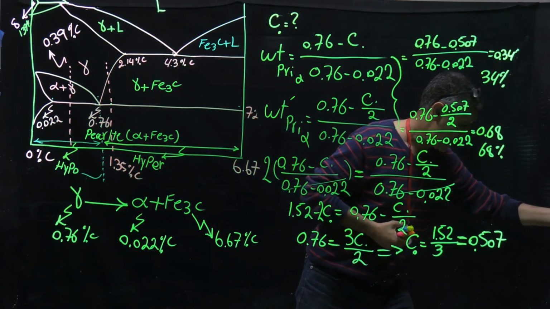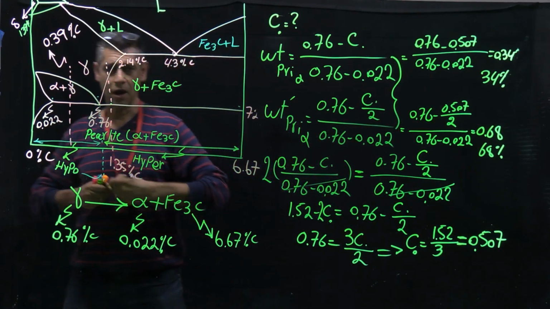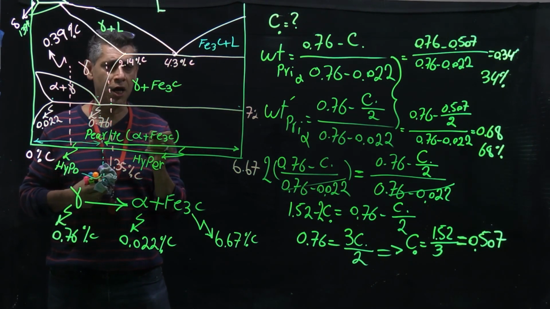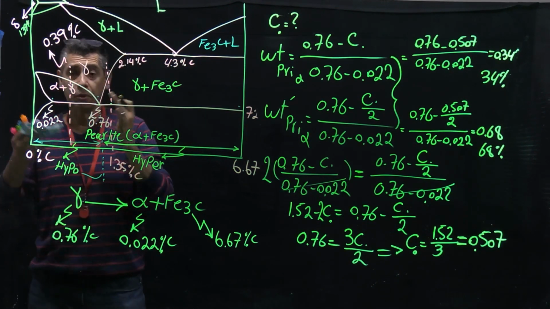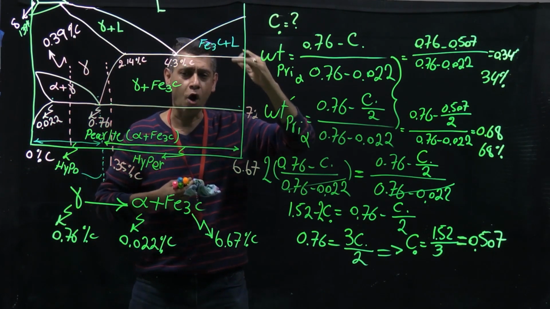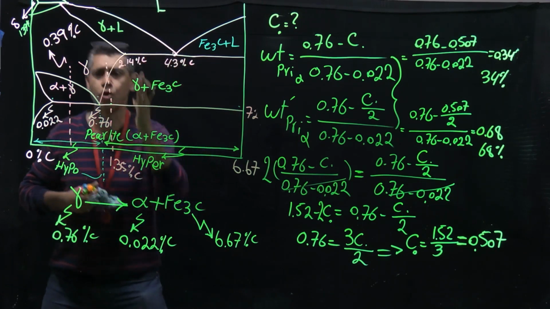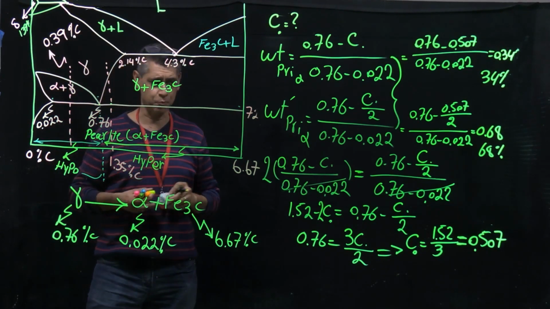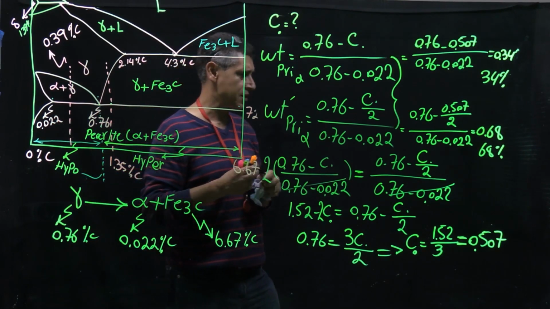So obviously, I know with a high level of confidence that I cannot be in hyper and end up in hyper. But what if I'm in hyper, and when I make my carbon content half, I cross over and end up in hypo? That is completely a different scenario.